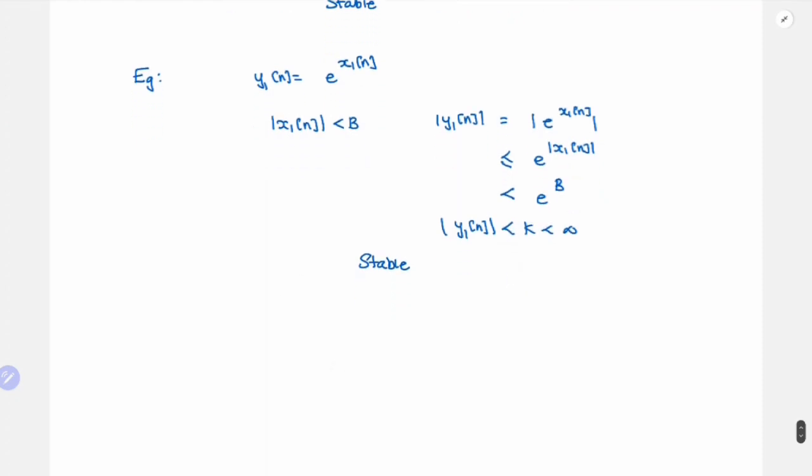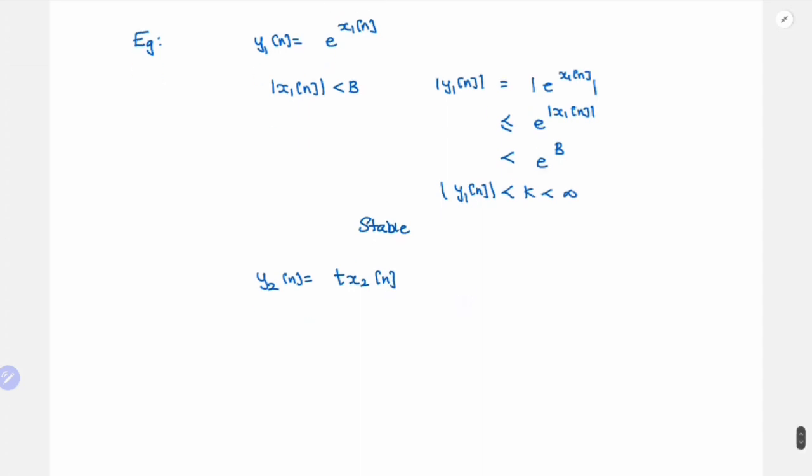So we'll see an example for instability. y2[n] = t x2[n]. Okay. So what happens here? Let's say our x2[n] is bounded. So what happens to our y2[n]? We'll get |t x2[n]|, which will be less than or equal to |t| times |x2[n]|.